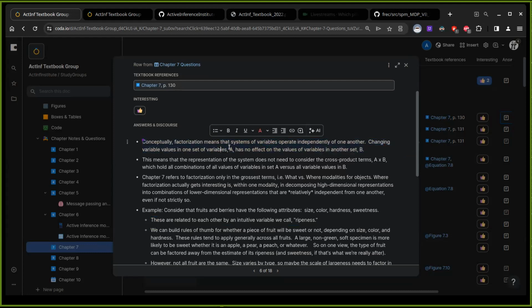So factorization is when variables operate statistically independently from one another. So you can have the joint distribution of, let's just say, A and B here, but we're not talking only about the A and the B matrix, but actually it turns out that those are factorizable. But here it's just being used generically.